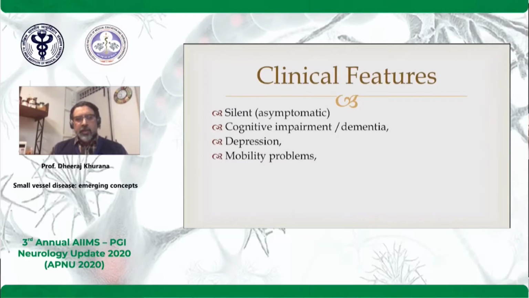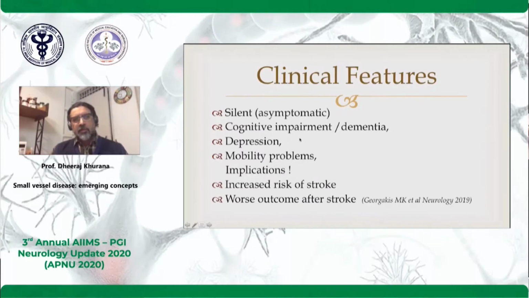And not only these, there are important clinical implications associated with small vessel disease. We now know that there is an increased risk of stroke. In a patient who has accumulating small vessel disease, he may have a minor stroke, but these are definitely associated with risk.